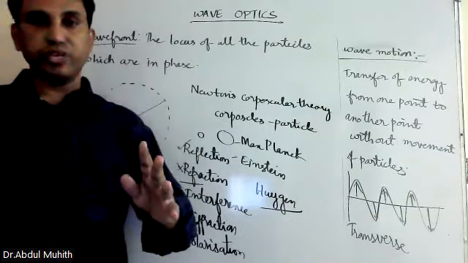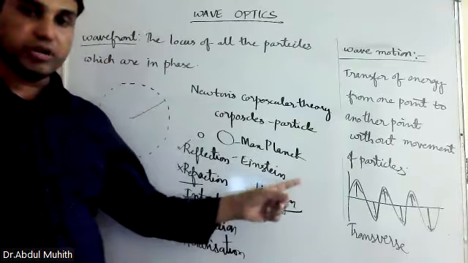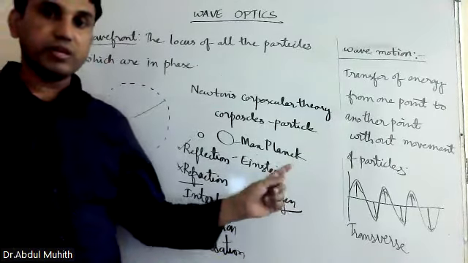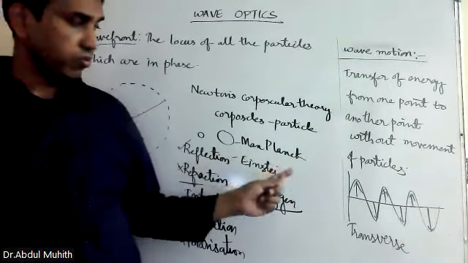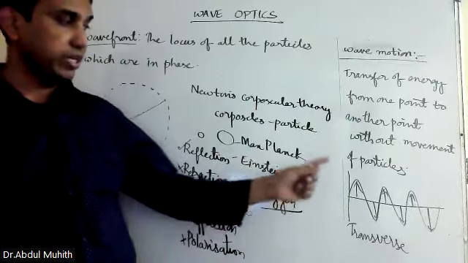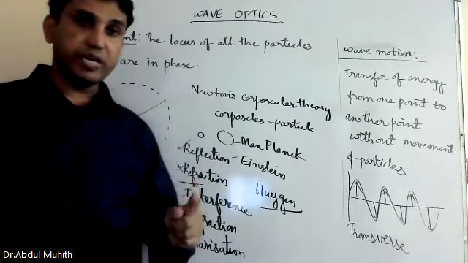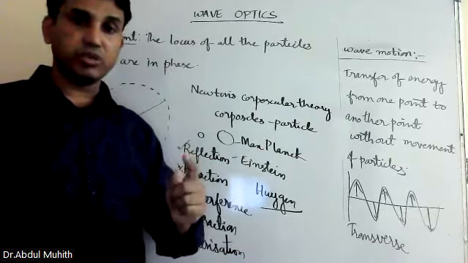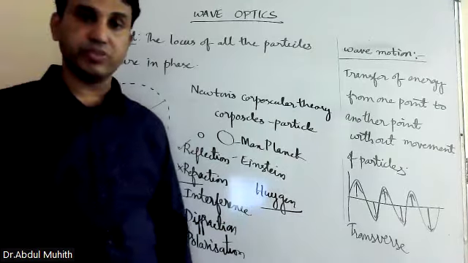If I take a transverse wave: if the particles are vibrating perpendicular to the direction of the propagation of the wave, then that is known as a transverse wave. Is that clear?